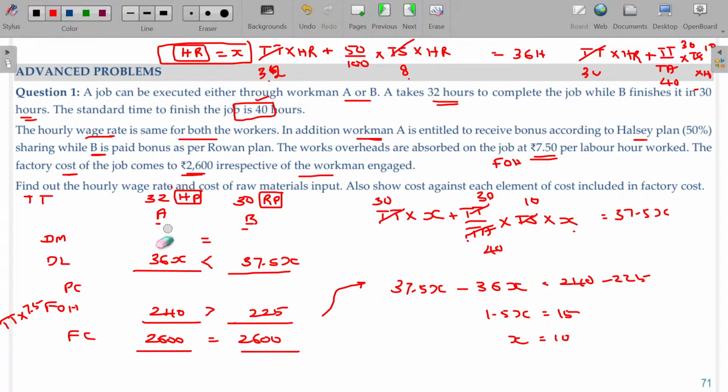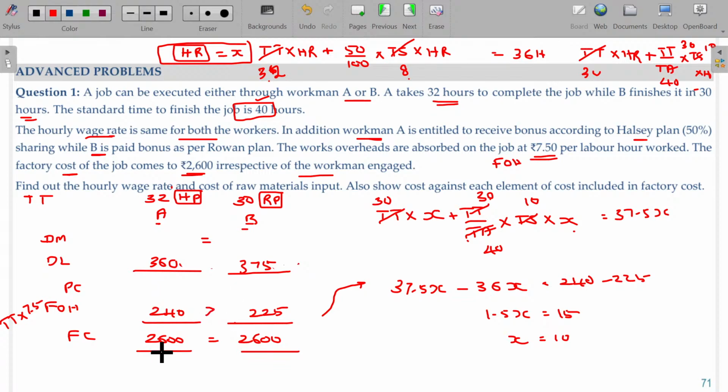So now you can very easily replace here this value being 36x, otherwise 360, and 375. Okay.